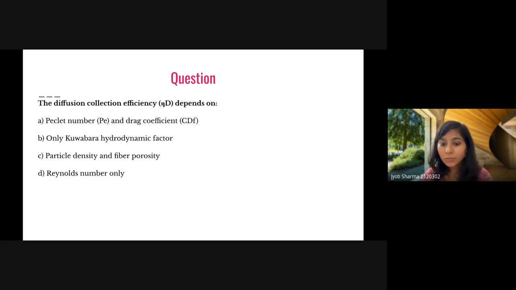You both gave me the A answer. Yes, the answer is Peclet number and drag coefficient. We already talked about the drag coefficient, and the Peclet number is related to the collection efficiency. So A is the right answer.